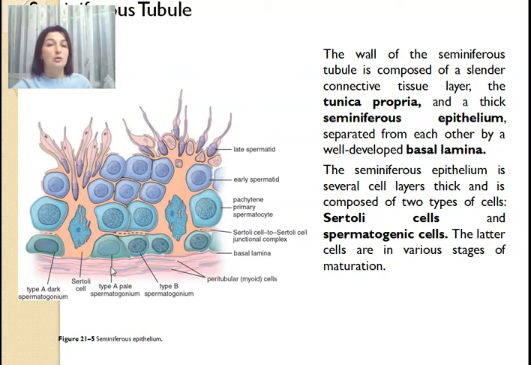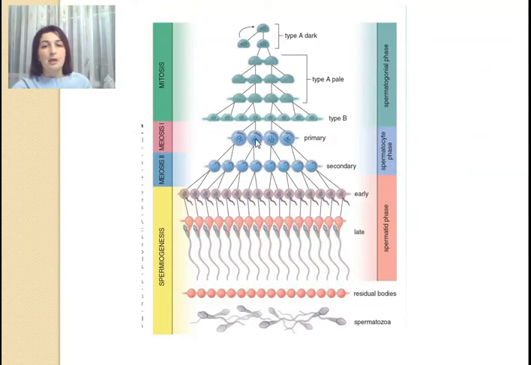which have contractile ability. The process of spermatogenesis we can see here starts from the spermatogonia, and there are spermatogonia dark type A, type A pale, then they are converted into spermatogonia B. The spermatogonia B will enter the growth stage, and they form primary spermatocytes.